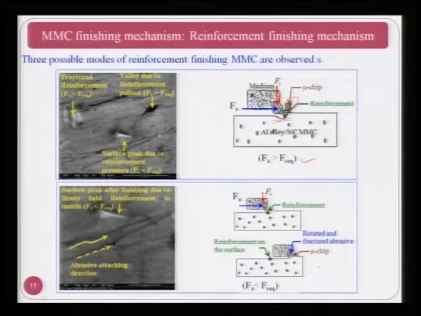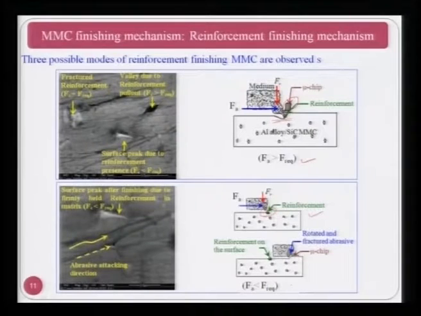This is the aluminum alloy silicon carbide metal matrix composite. In the second case, the reinforcement remains intact with the workpiece surface because Fa is smaller than the required force, so it is not able to remove the material, and the particle may jump over the reinforcement without really removing it.